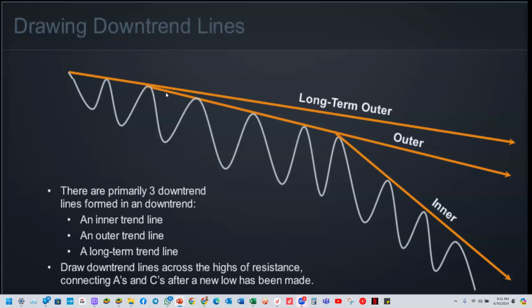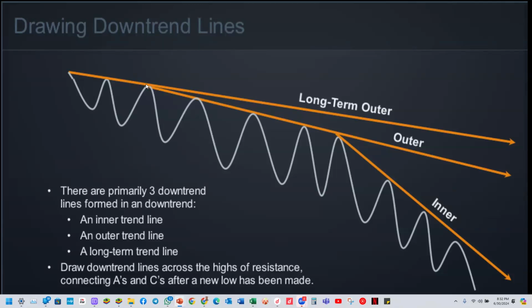Then, watch this. Let's say you drew this A to C, the long-term trend line. The market came back to this long-term trend line and dropped. This time the market came back again and dropped, but it didn't touch the long-term trend line.